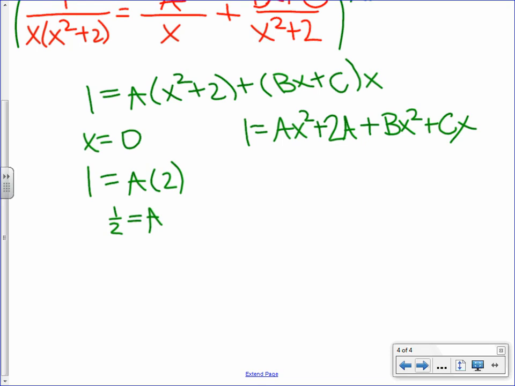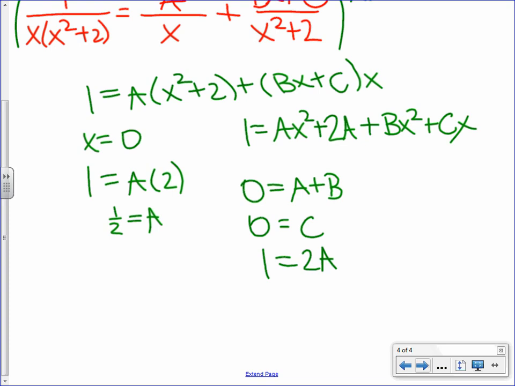How many x squared do we have? We have 0 x squared. So a x squared plus b x squared should equal 0. A plus b better equal 0. What is our x over here? 0. So c better equal 0 because there is no x. What is our constant? 1. Oh, we already knew that. 1 equals 2a.